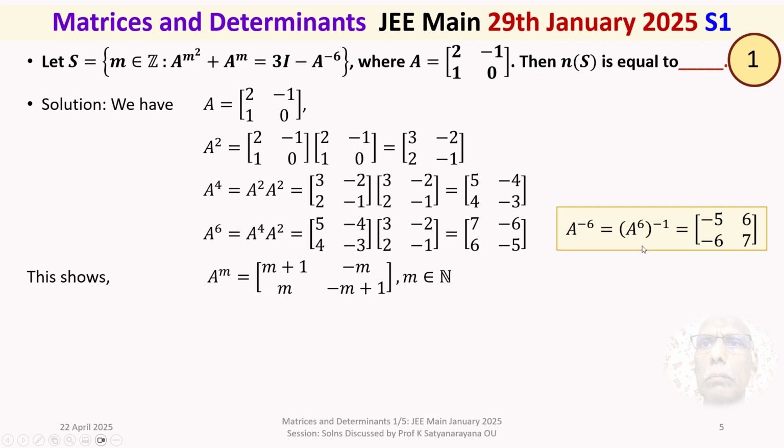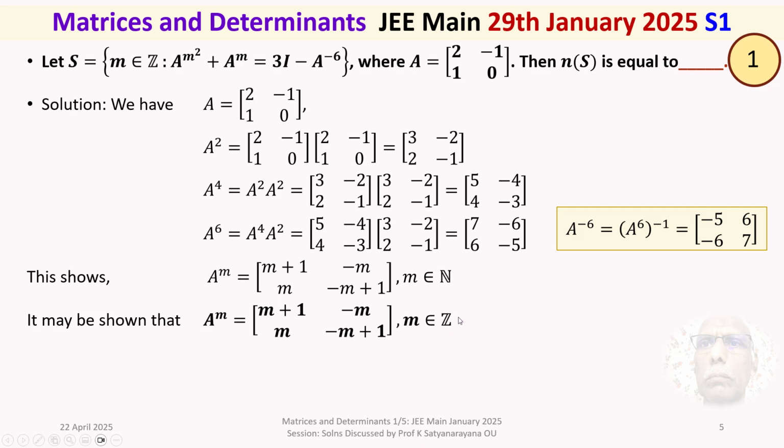This result is true even for minus 6 also. M is equal to minus 6, you substitute. Minus 6 plus 1 is minus 5. Minus of minus 6 is plus 6. Minus 6, and minus 6 plus 1 is 7. So that means your formula, A power M is M plus 1, minus M, M, minus M plus 1, is true for all M belongs to Z.